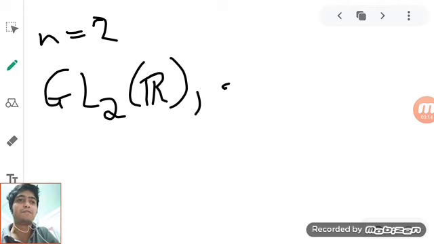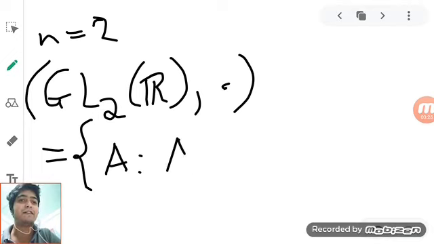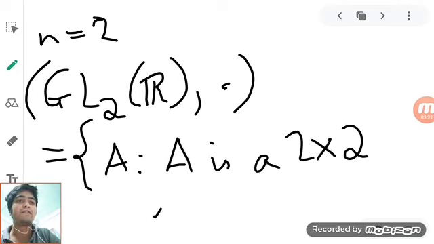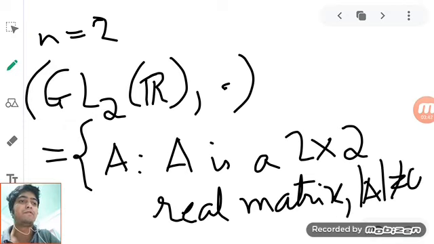The operation is multiplication, so if you have to write it down, it will be the set of matrices A, where A is a 2 by 2 real matrix, determinant A not equal to 0.